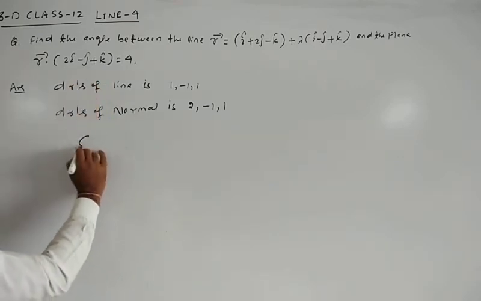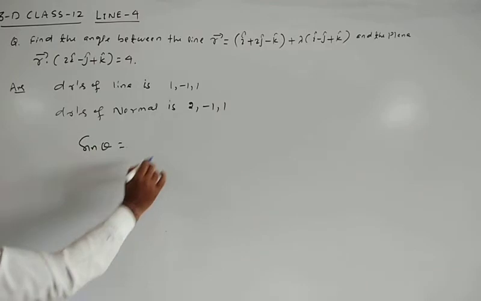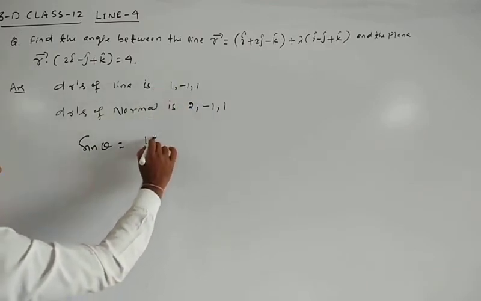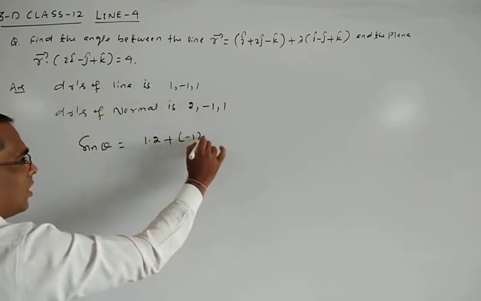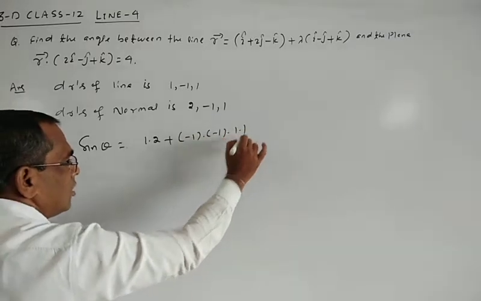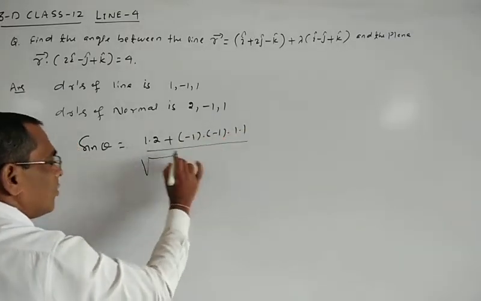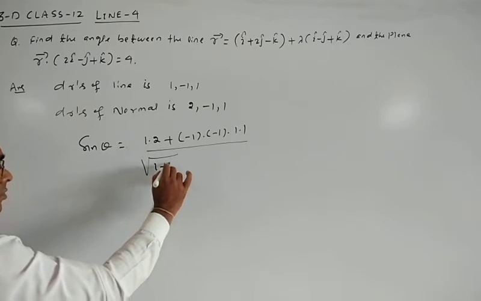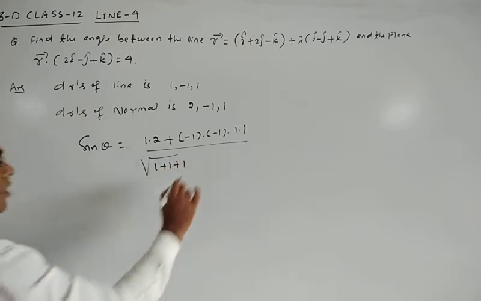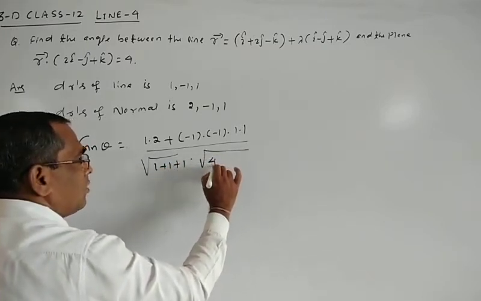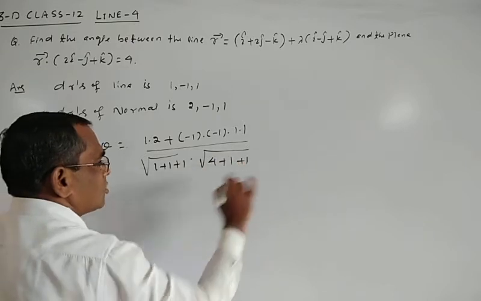So the angle between line and plane, that is sin theta, equals (1 into 2 plus minus 1 into minus 1 plus 1 into 1) by root of (1 square plus minus 1 square plus 1 square) into root of (2 square plus minus 1 square plus 1 square).